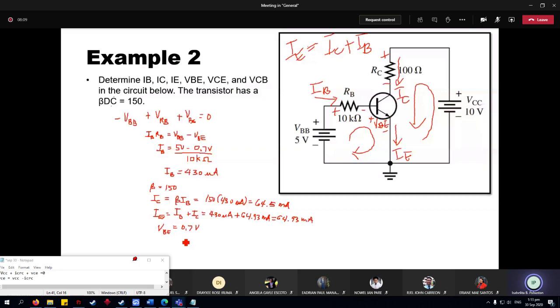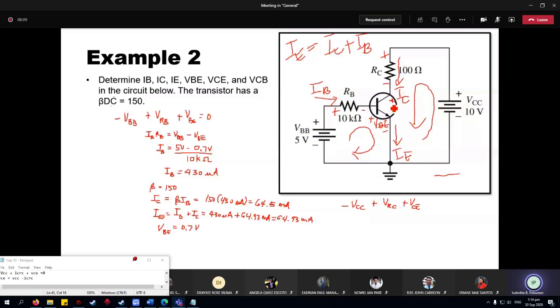Okay? So you will have here negative VCC plus the voltage across RC plus VCE, right? Because you know that the polarity of VCE is plus here and then minus here.